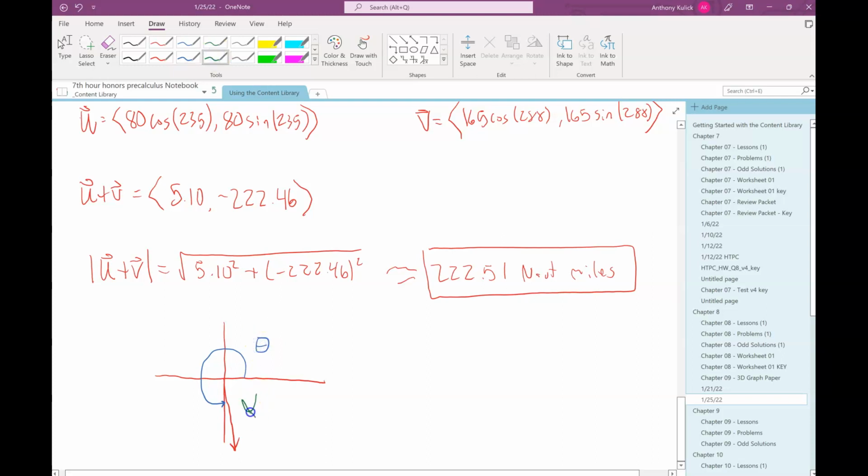To find that, I'm going to find alpha, and the other end of alpha that's on the x-axis there is 360. So theta is going to equal 360 minus alpha, where alpha is the tan inverse of the absolute value of the y component divided by the x component.